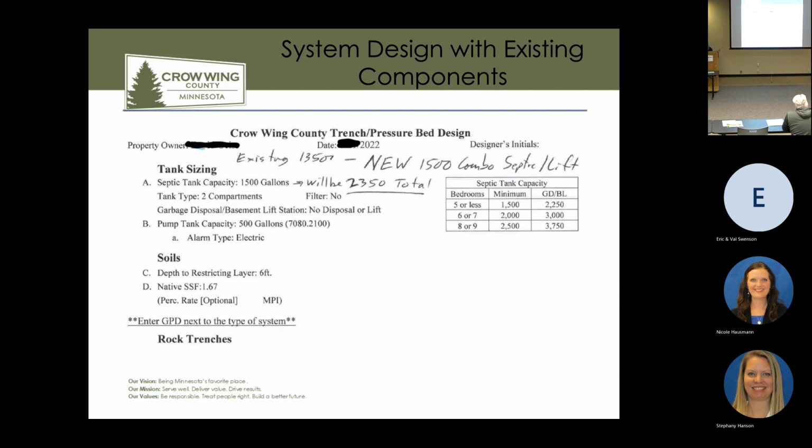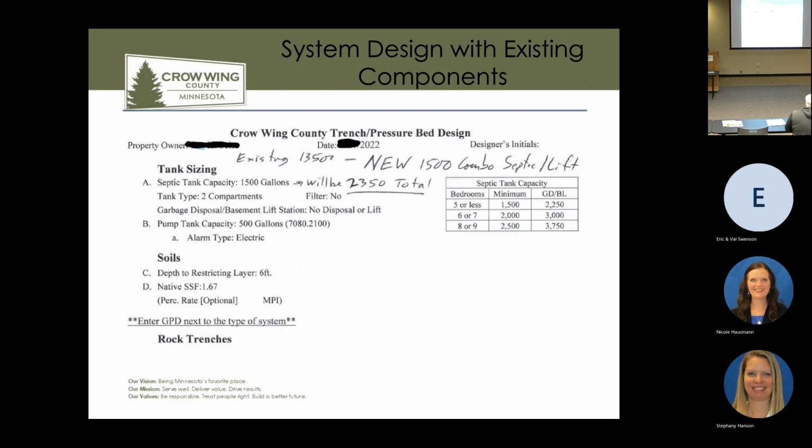Each of you let us know in a completely different way, and it's all acceptable, but we're going to streamline this. Some of you let us know by writing on there, whether it's by the tank. If a tank failed, you're out at a property doing a compliance inspection, and we're doing a design for that system, you have to have passing components included with your design.